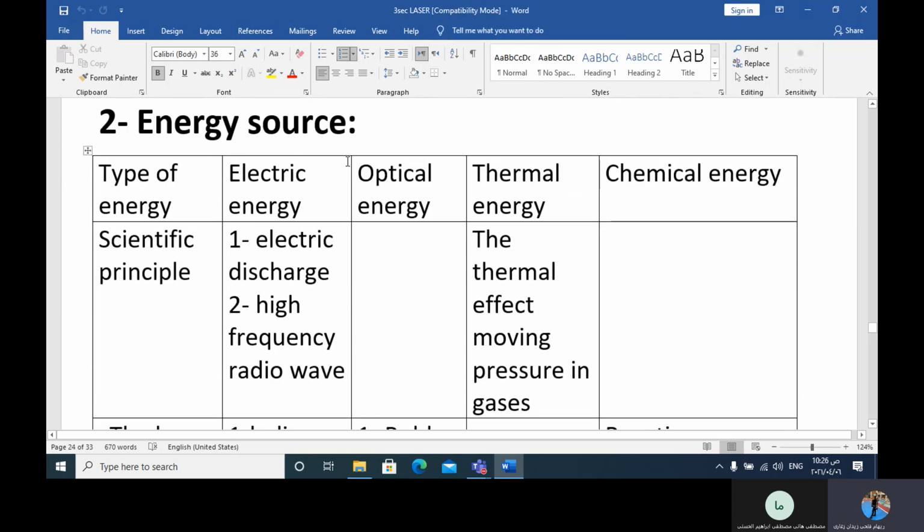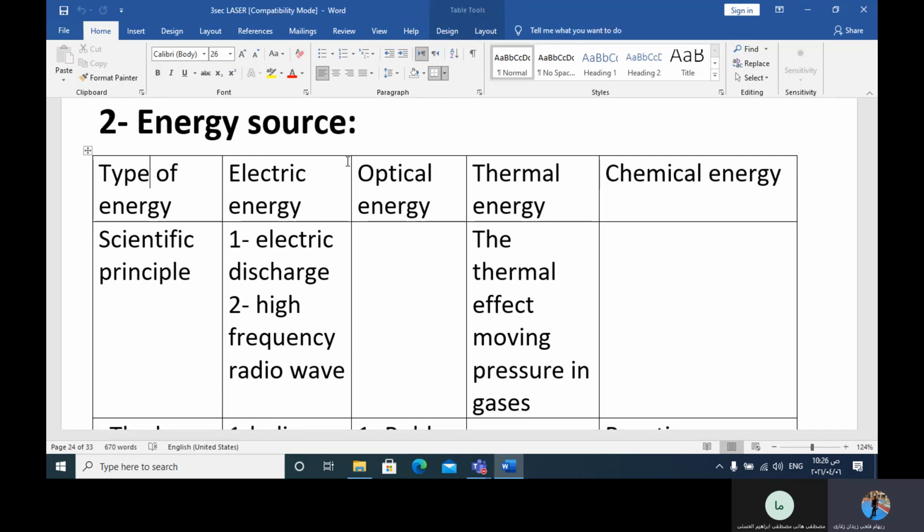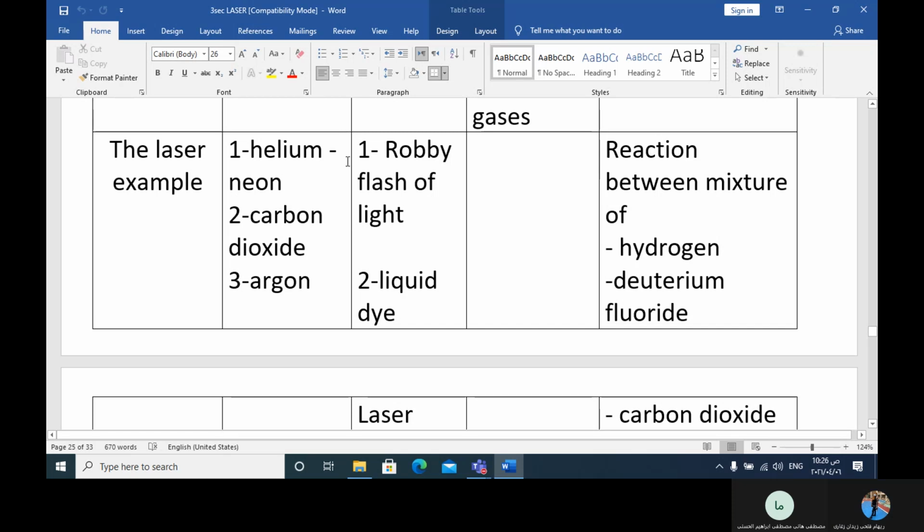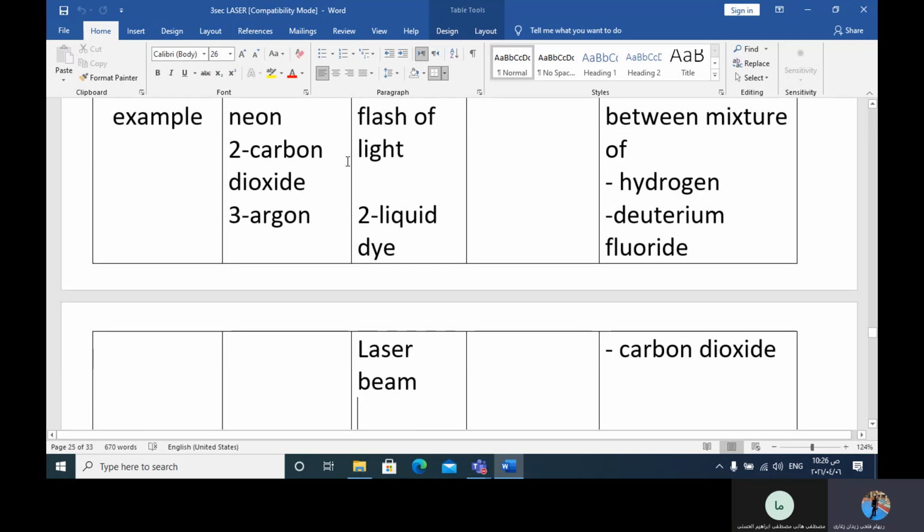Another source is chemical energy. Chemical energy can also start the lasing action, and it can simply be achieved by putting things together. One example is the reaction between a mixture of hydrogen, deuterium, fluoride, and carbon dioxide.